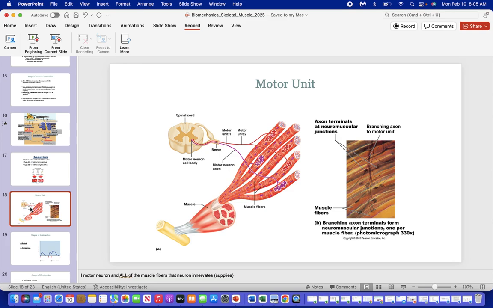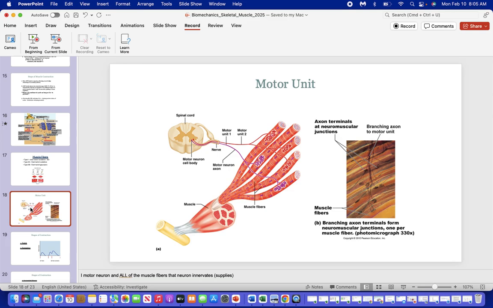Muscle fibers are organized into functional groups of different sizes. A motor unit is a single motor neuron and all fibers it innervates, acting as the functional unit of a skeletal muscle. When a motor neuron fires an electrical signal, all the muscle fibers within its motor unit contract simultaneously, producing muscle movement.